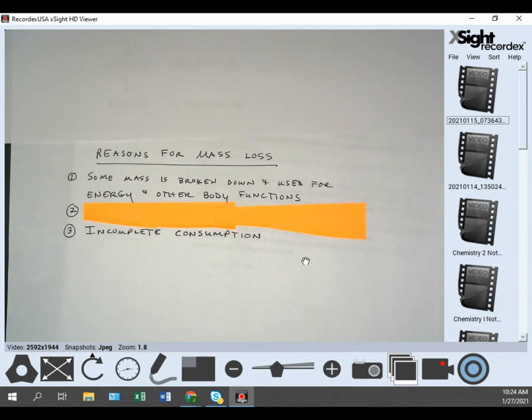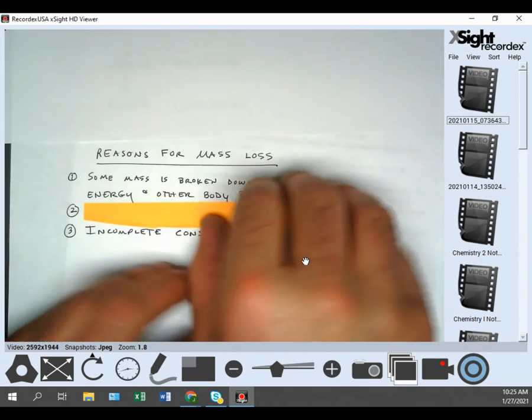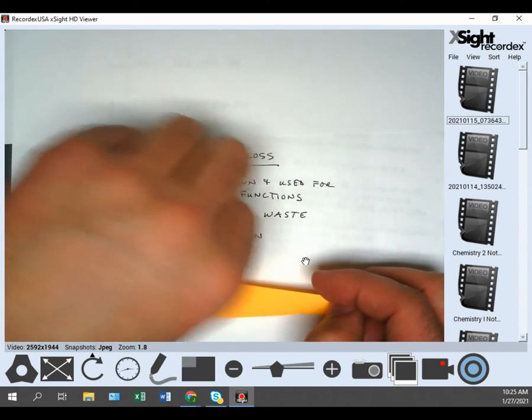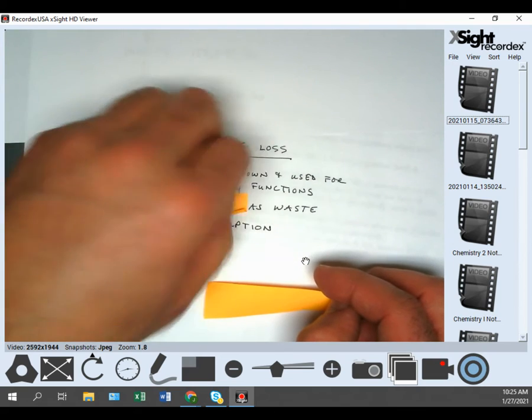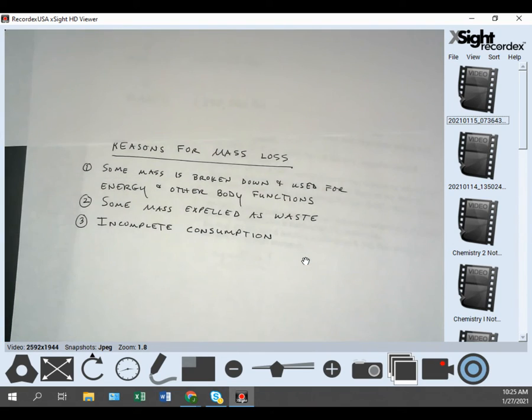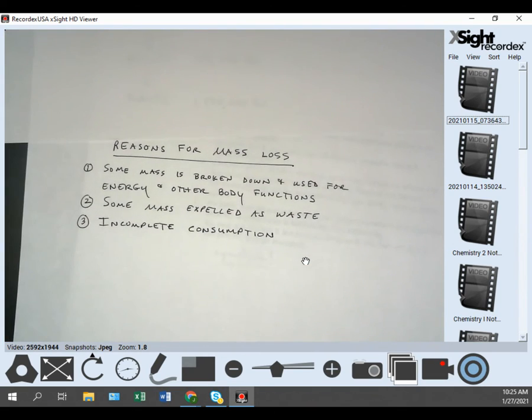So some of the biomass, even if it gets consumed, gets expelled as waste. Some of that biomass we are not going to turn into biomass of ourselves, but expel as waste. There are other things too, but these are some of the main reasons for mass loss.